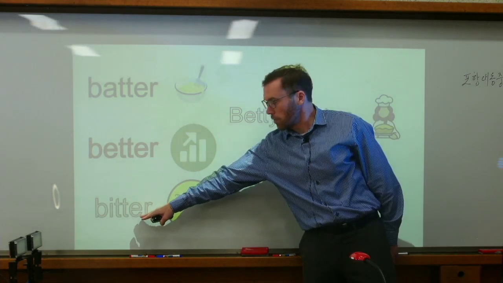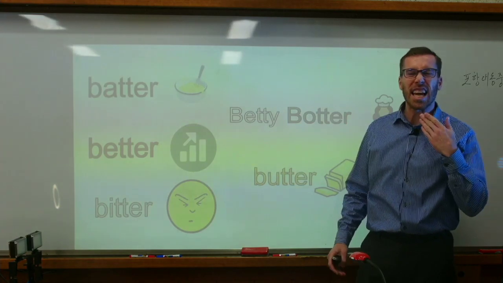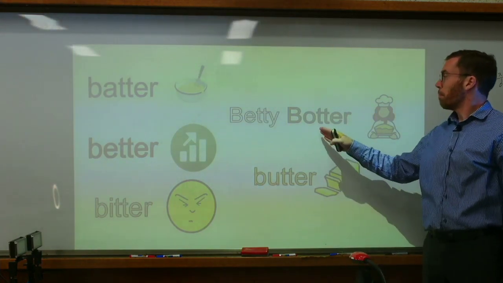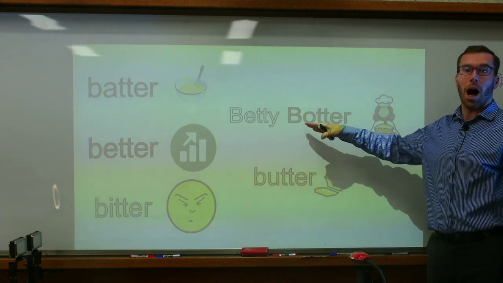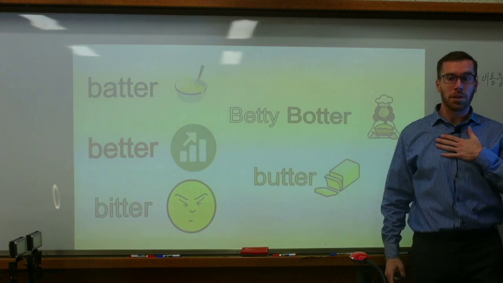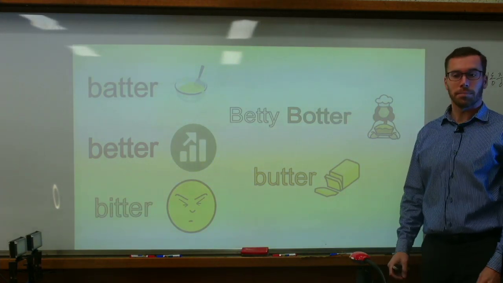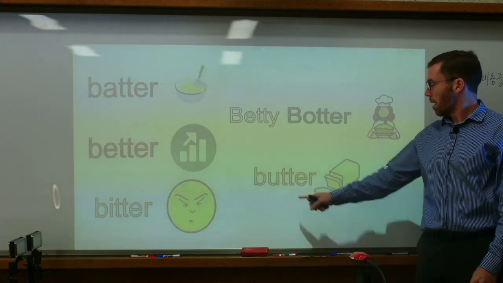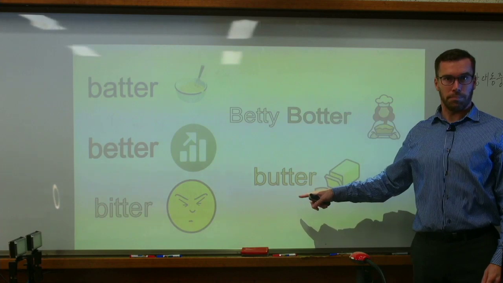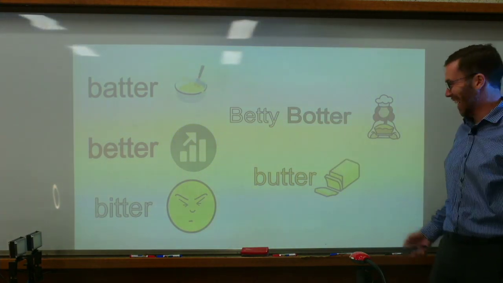Bitter, our silver color. It tastes bad, right? Doesn't taste good. Botter, our olive color. This is her name. My name is Mr. Gilmore. This is Betty Botter. Our mustard color, butter. It's butter.